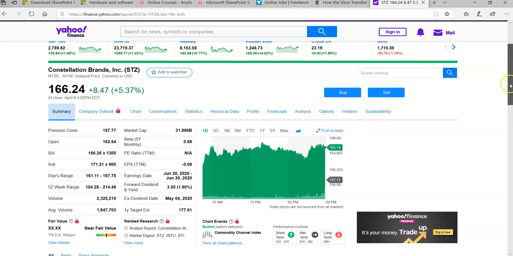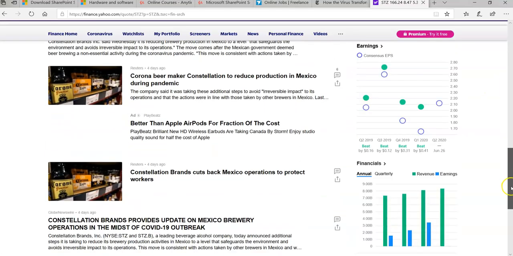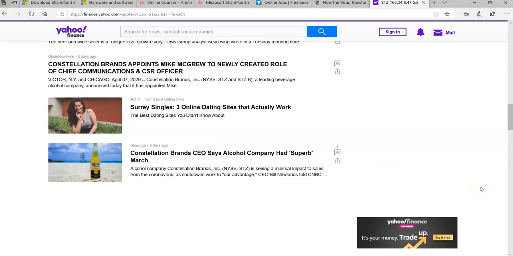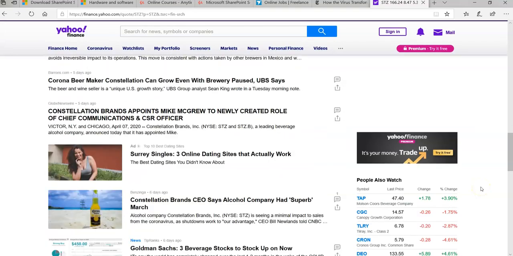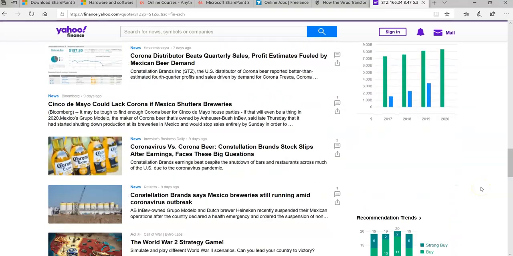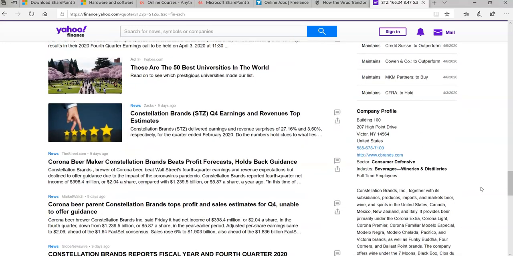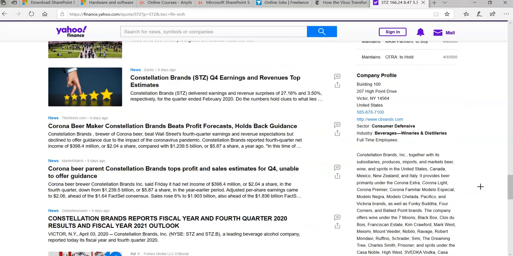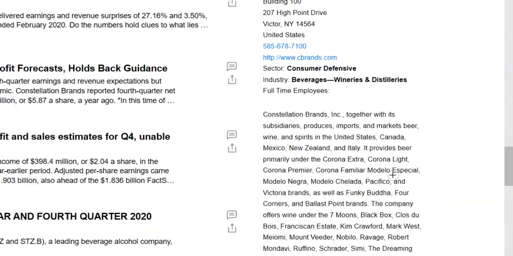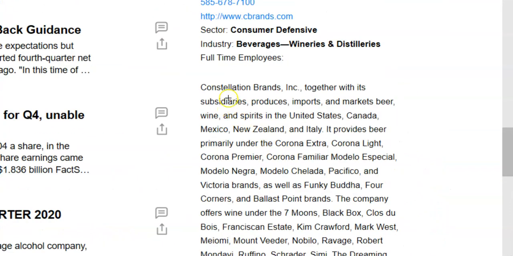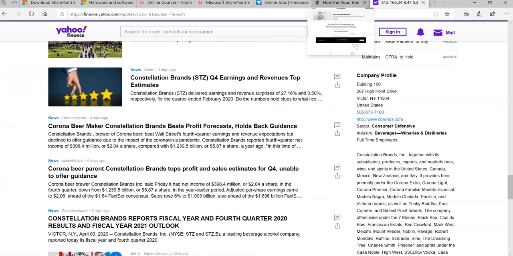On the right hand side, if you scroll down, essentially Constellation Brands together with its subsidiaries produces, imports and markets beer, wine and spirits in the United States and other countries. Now we will go back to our chart.